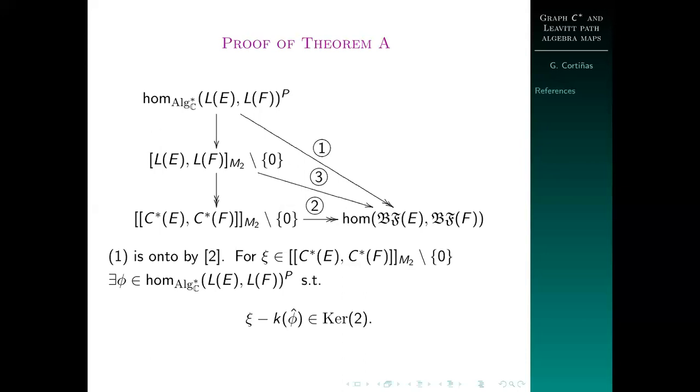So the composite of the vertical maps is the map K that goes from C star algebras to KK, composed with completion, and this difference will be in the kernel of this map labeled 2. So what is this kernel?